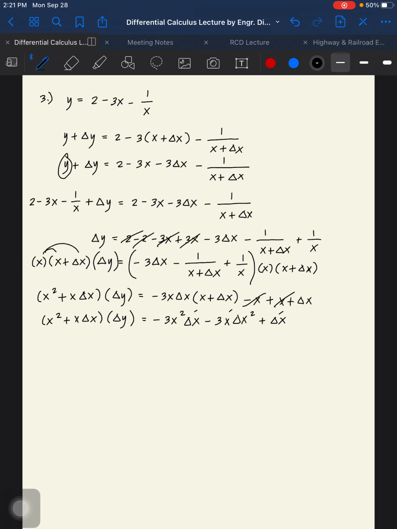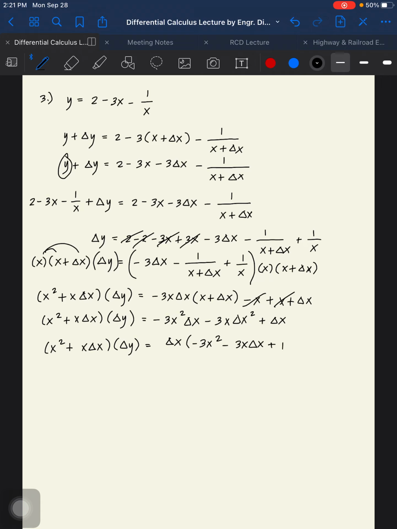As you have observed, all of them here have delta x. We have the x squared plus x delta x delta y equals delta x times negative 3x squared minus 3x delta x plus, so what happens here?